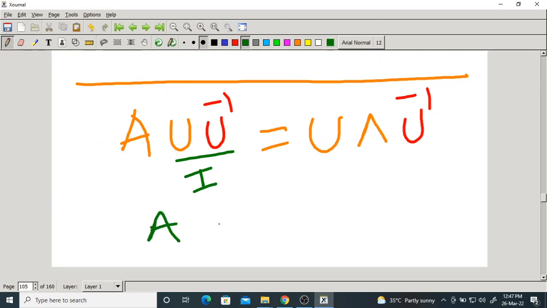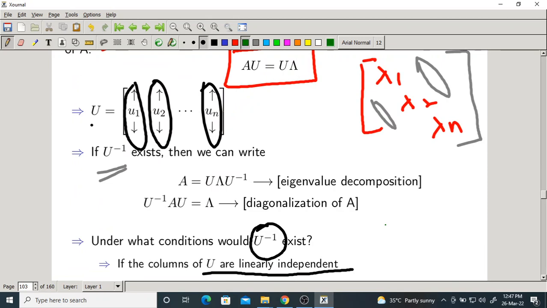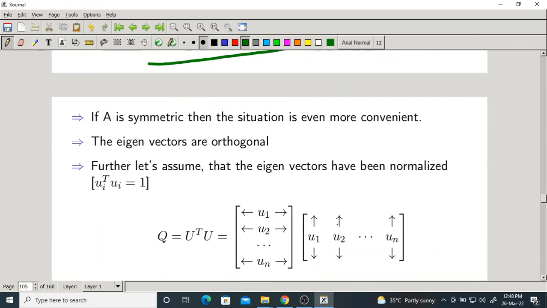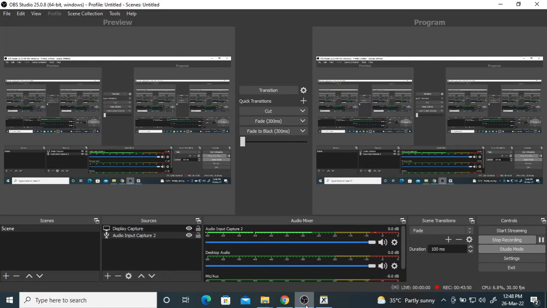A into I is A. A equal to U lambda U inverse. Now this is called eigenvalue decomposition, EVD. This is called diagonalization. So that is about two things: eigenvalue decomposition and diagonalization. Anyway, we stop here.